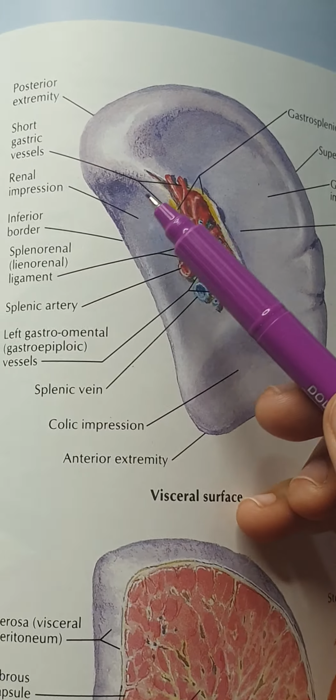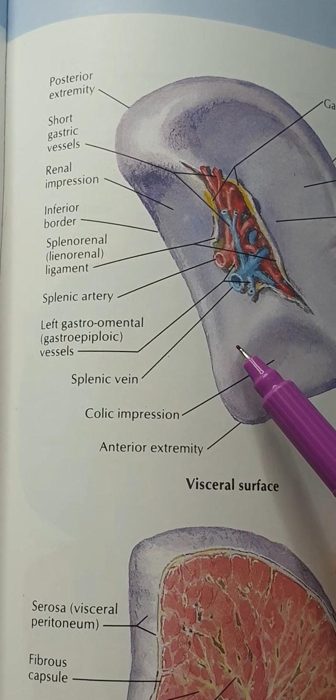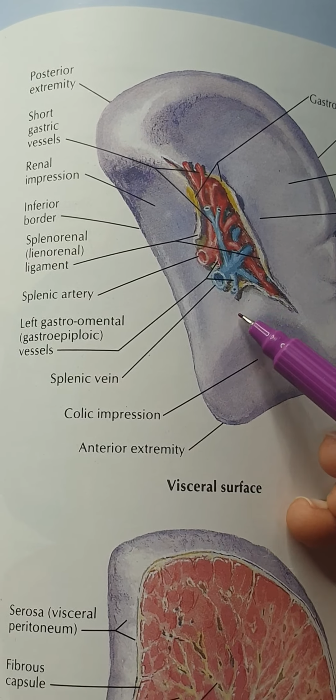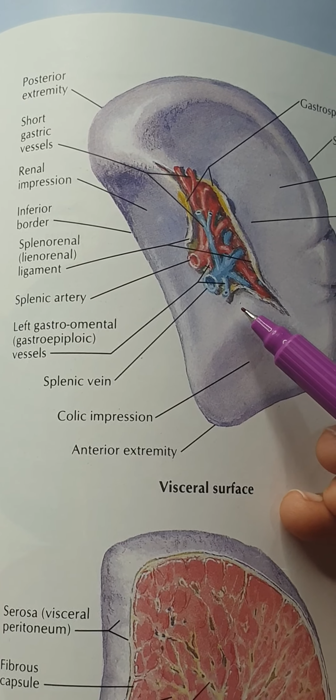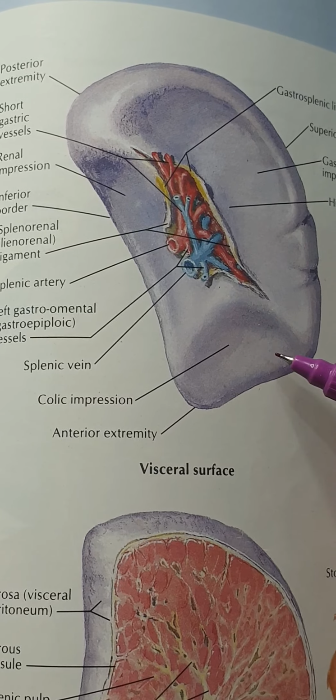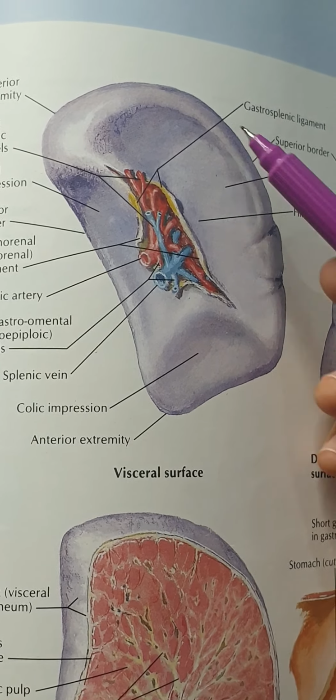This impression is of the left kidney, so this is the renal impression. Here you can see a small impression, that is the pancreatic impression for the tail of pancreas. So on the visceral surface, 4 different viscera are making their impressions. That's why the visceral surface is irregular and concave.